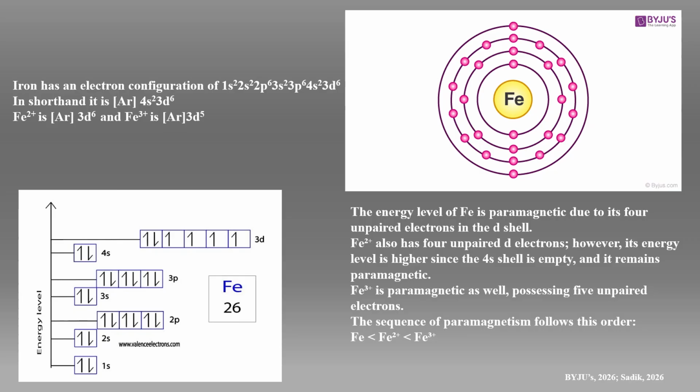In the next picture, we see the energy levels of iron in its ground state. As you can see in the 3d shell, 1 of the 5 orbitals is completely full. 4 of them have a half-filled electron, and this is what causes it to be magnetic, and it's called paramagnetism.